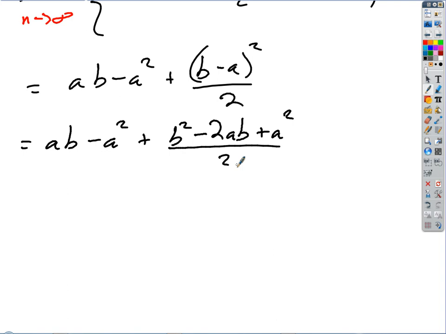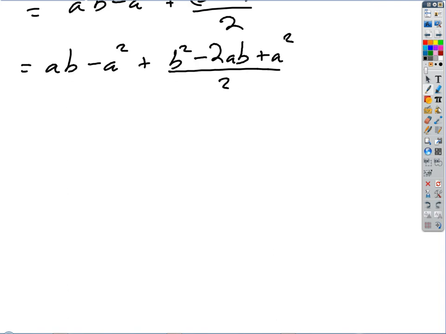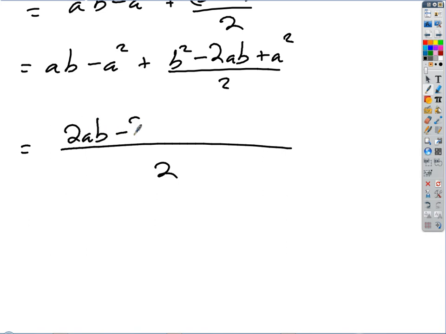Right? Okay, what if we get a common denominator so we can add up all these terms? What do I have to do to these other terms over here? 2. Okay, so we get a common denominator of 2, and that gives us 2ab minus 2a squared plus b squared minus 2ab plus a squared, all over 2.